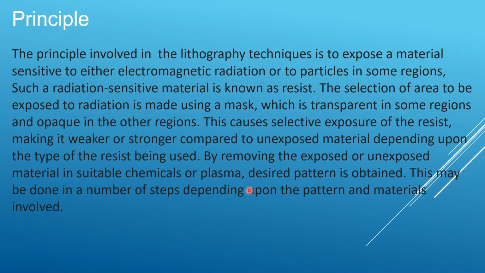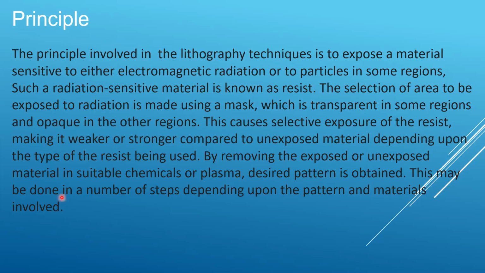Instead, if we use plasma in order to remove the exposed or unexposed material, then the lithography is called electron beam lithography. So accordingly, we can say that there are two types of lithography. One is photolithography and the second one is electron beam lithography.